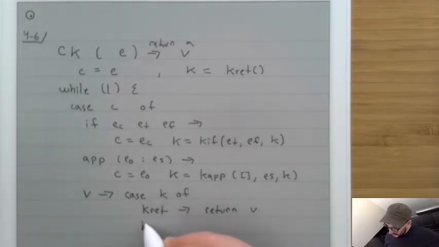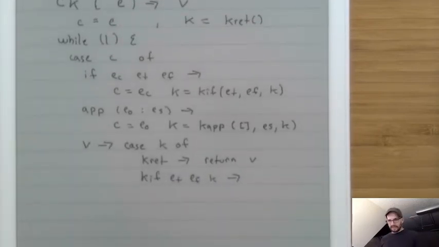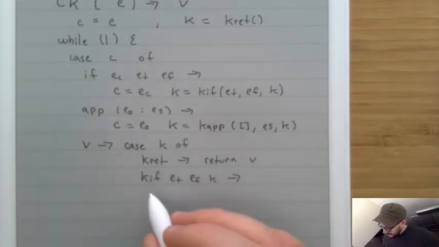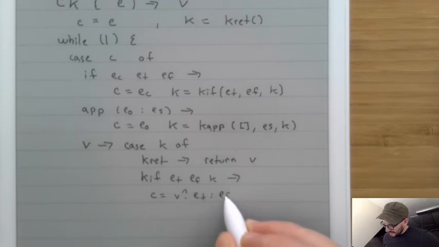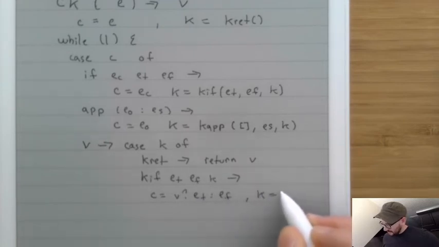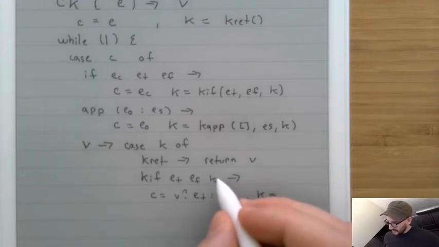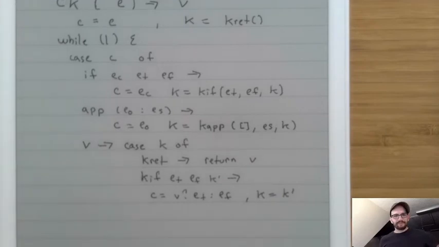If instead we got a kif of et, ef, and k, then we need to say c equals et if v is true, else ef, and K equals k prime.